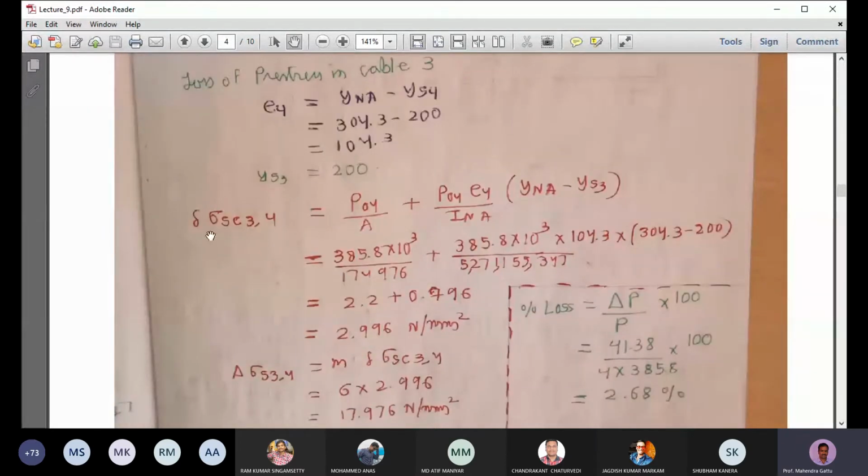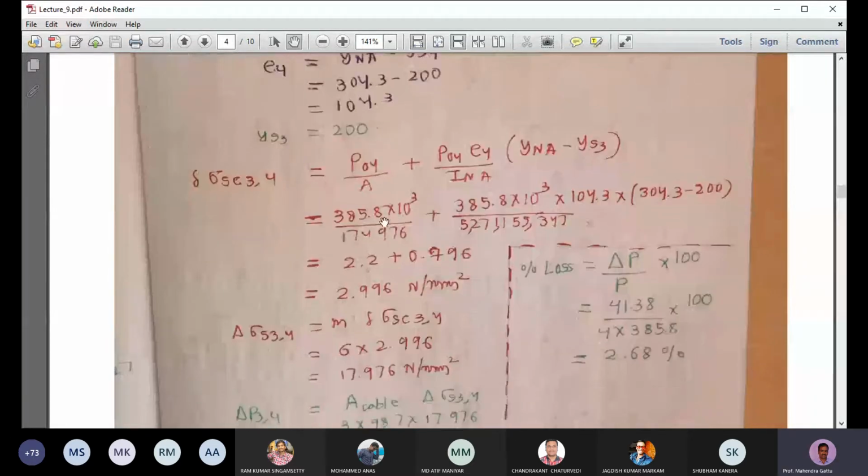So the additional compressive stress in the concrete near cable 3 due to the post tensioning of cable 4 is P04 by A plus My by I. So M is P04 into E4, and the y value is y neutral axis minus ys3.